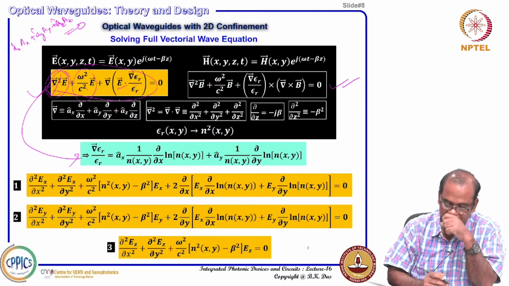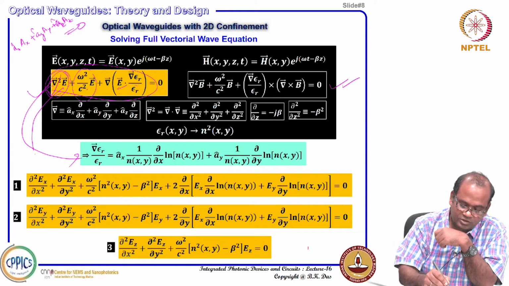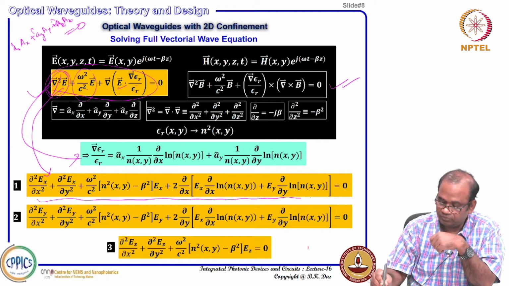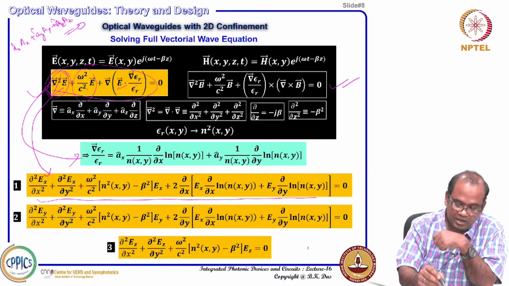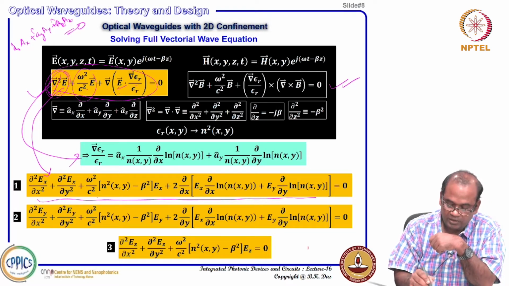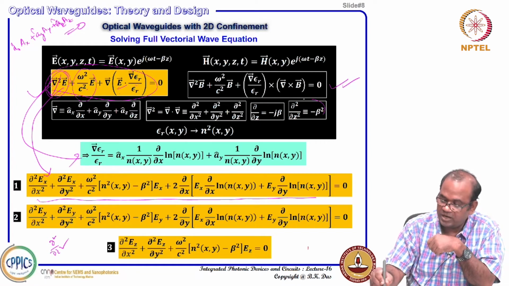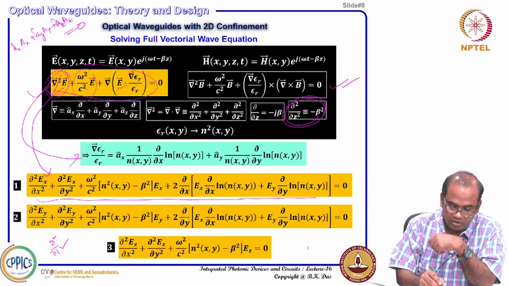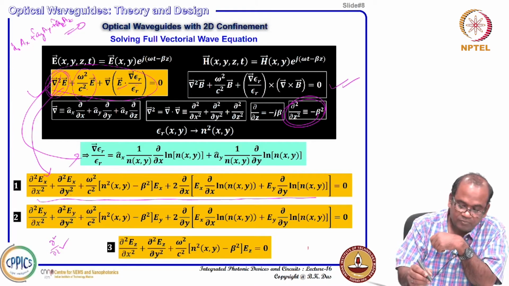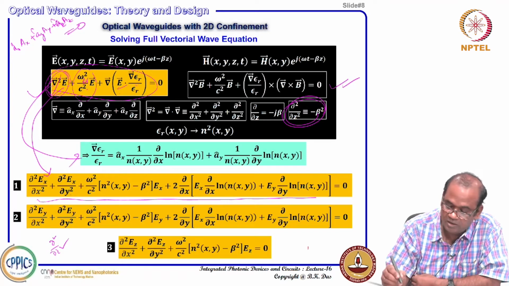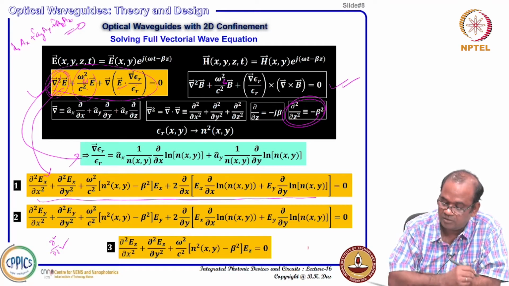So if I find the x component here, it will look like this. Simply del square E, and del square z gives minus beta square, as we have written here. So I have the second order derivative with respect to x, with respect to y, and with respect to z, beta square is there. In this expression one thing is missing, there will be epsilon r here, I will correct it in the slide.